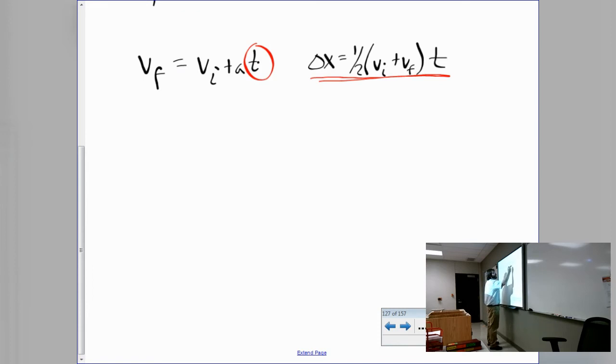So on both sides, I'll divide by half, and x displacement divided by half as well. Dividing by half really just means you're multiplying by 2. So what we end up with is 2 delta x on the left side, and then we have velocity initial plus velocity final times my change in time.